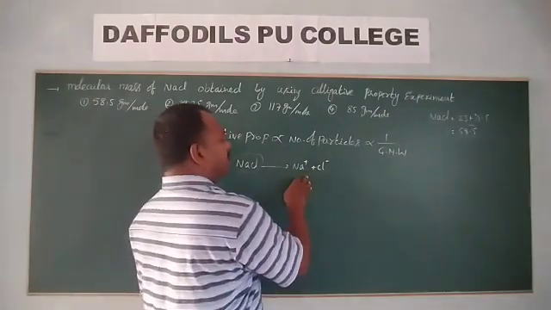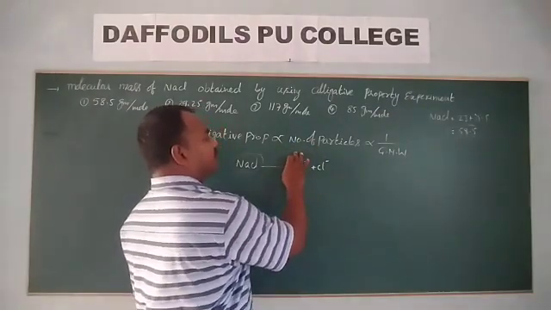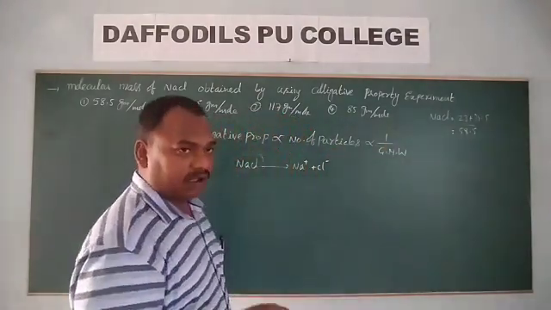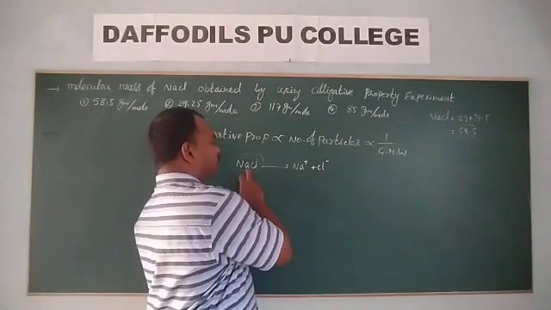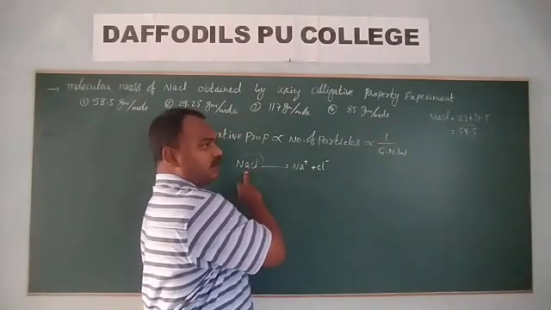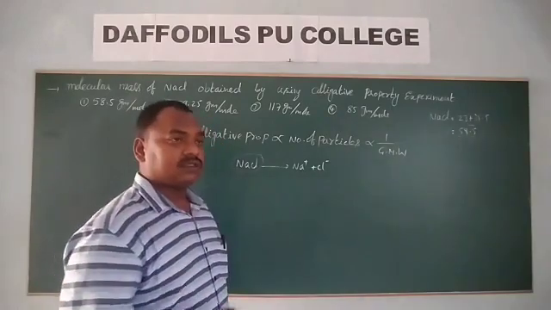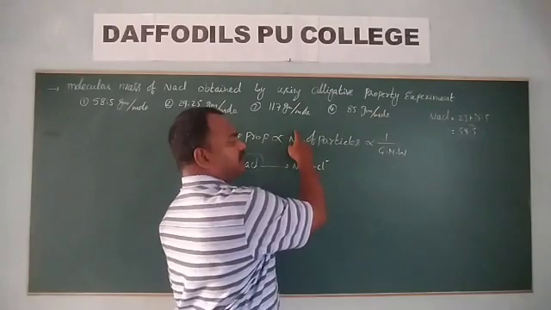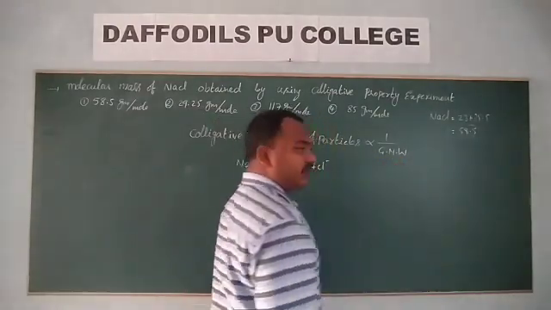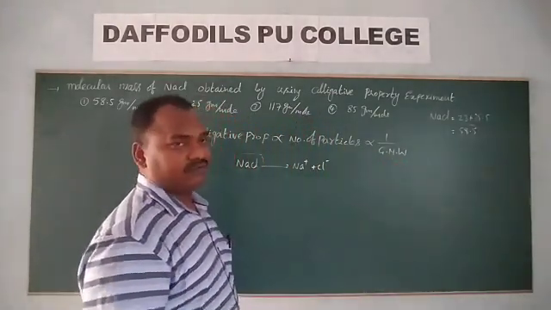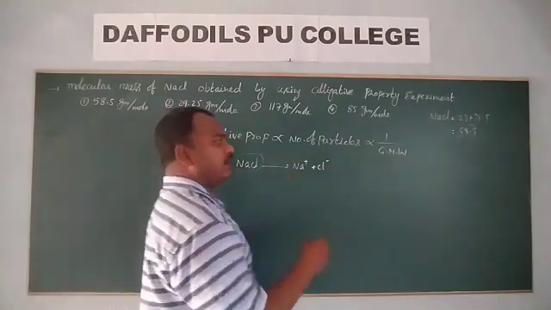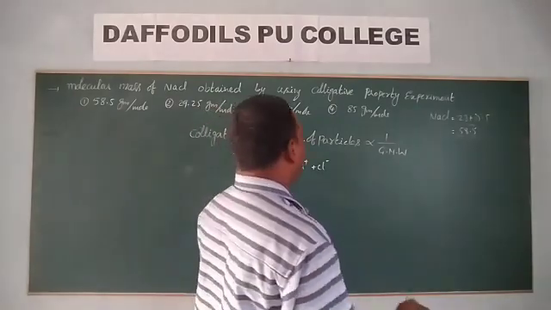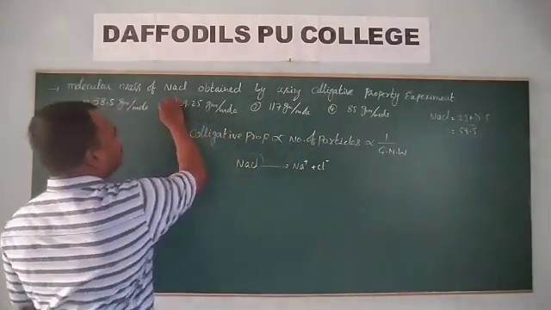So how many times does the number of particles increase? The number of particles becomes twice, so the molecular weight is reduced to half. We dissolve only one particle of sodium chloride, but in solution it produces two particles, so the gram molecular weight reduces to half. The actual gram molecular weight is 58.5, and when it becomes half, we get 29.25.